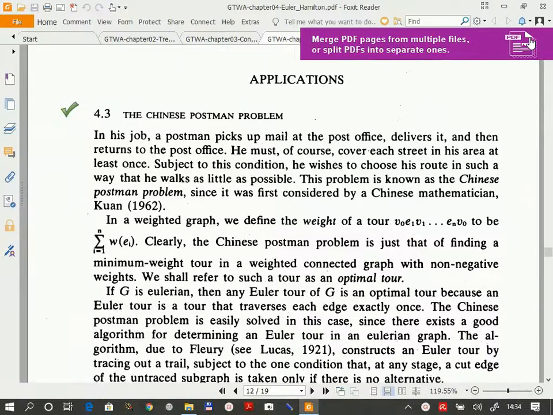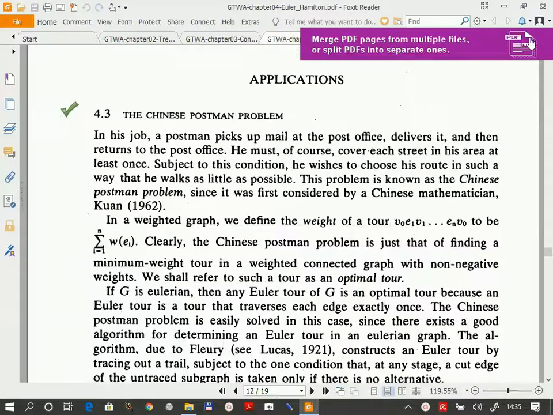Okay, and so this postman has a border or part of the town on which to deliver post. The ideal thing, of course, would be that he or she has an Euler tour, so that there is no going twice through the same street.